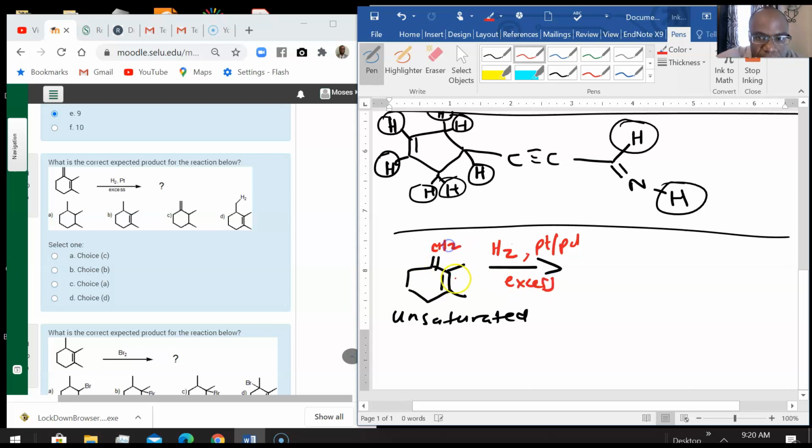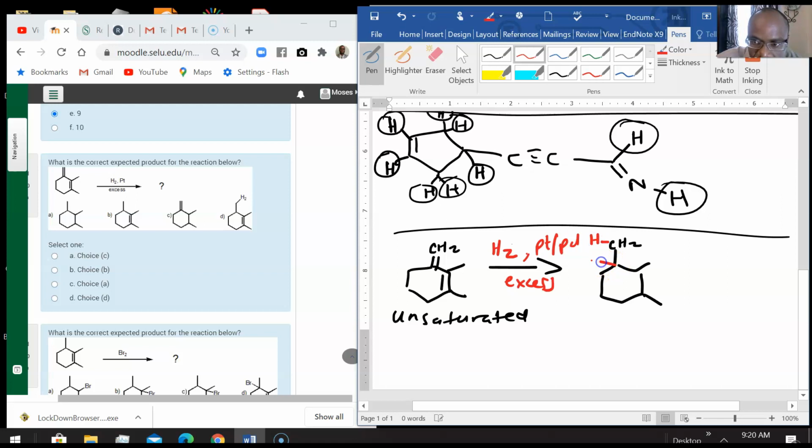You see here you have a CH2. Once the reaction is done, let me bring this back to black. Once the reaction is done, you still have your CH2 there, but you're going to add a hydrogen atom across the double bond.